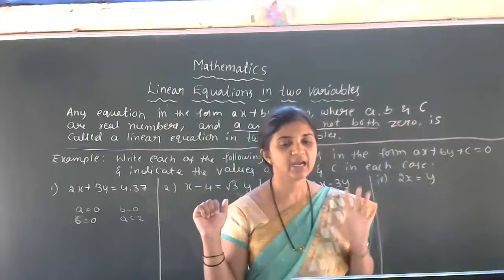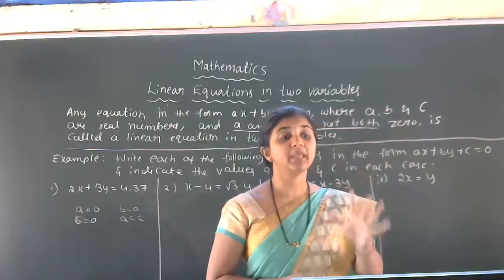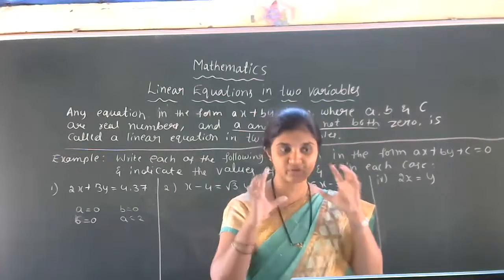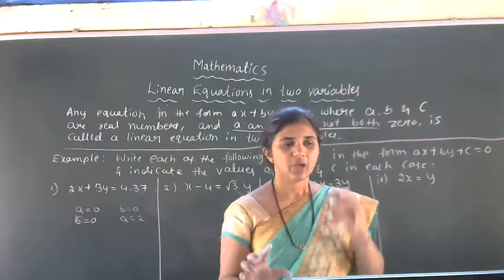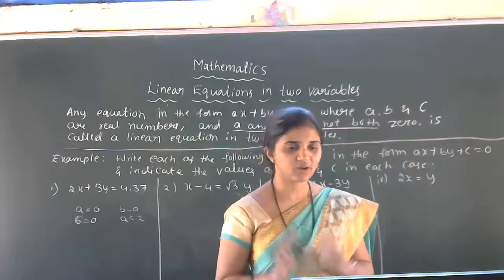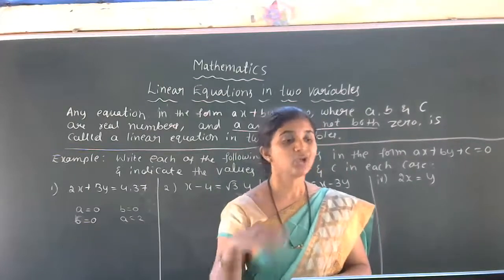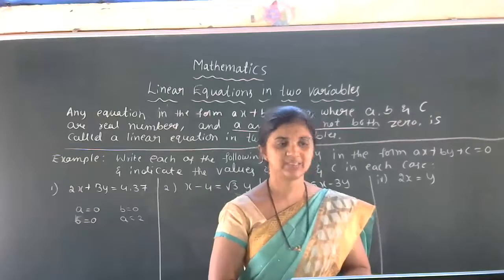Is that clear? The condition is that a and b are not both 0 at the same time. Either a may be 0 or b may be 0. Because if a is 0 and b is 0, then it is not considered a linear equation in two variables.